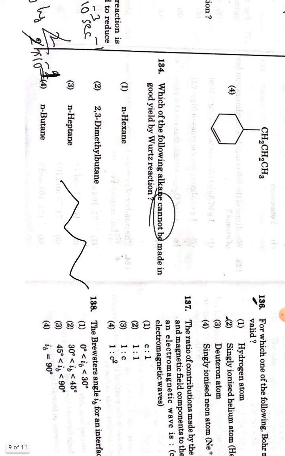See, 1 2 3 4 5 6 7. If you start from here, keep your fingers like this. You can prepare n-hexane, but you cannot prepare n-heptane. So the answer should be between n-hexane and n-heptane.